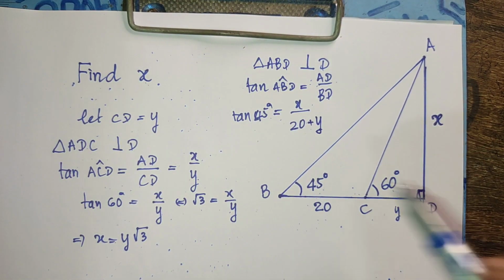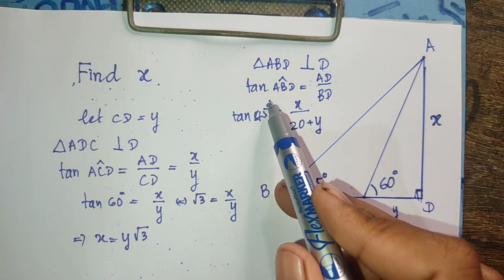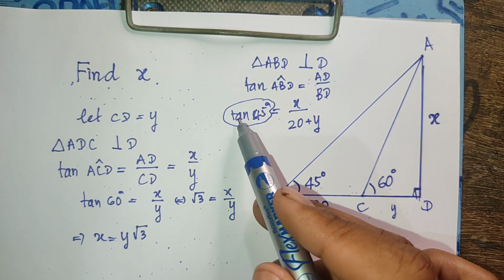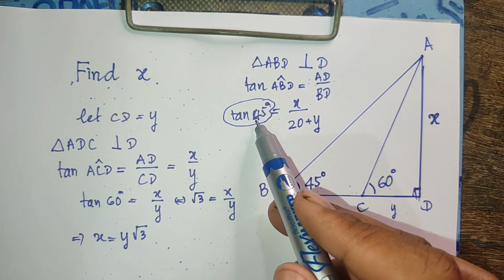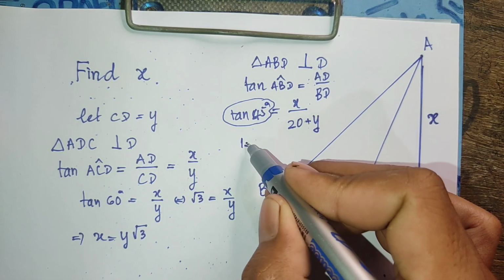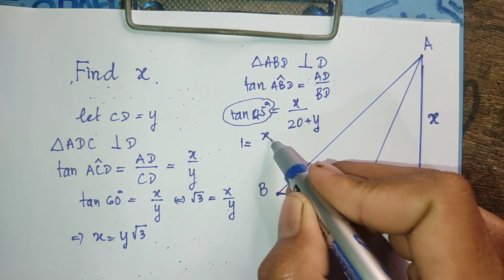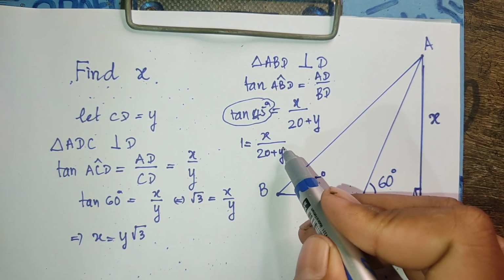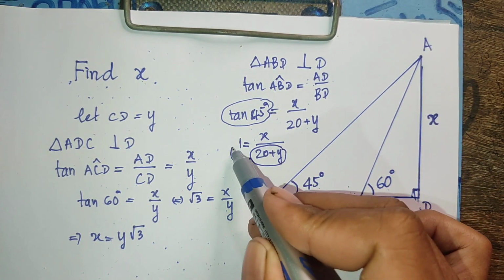Now we know that tan of 45 is equal 1. So this 1 is equal to h divided by 20 plus y. So now I change it to the left hand side.